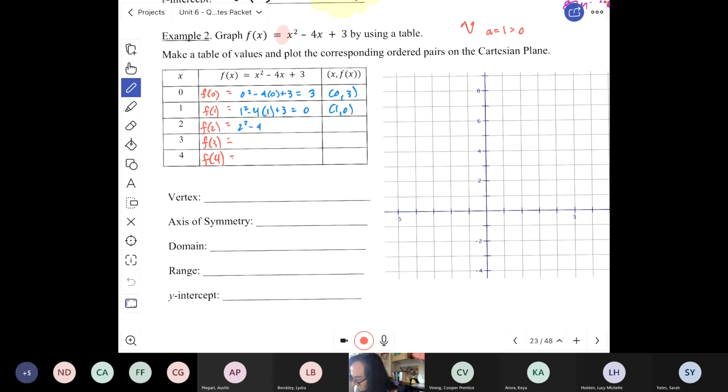Then substitute in 2, and what's the output? -1. Excellent. And then substitute in 3. And what do I get?